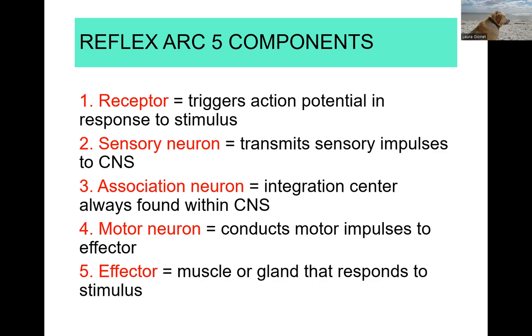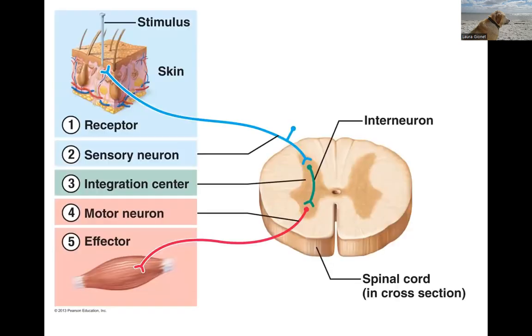Right? And that effector is either a muscle or a gland. It's got to do something, so it's one or the other. So motor neurons will be stimulated by the association neuron. So we go from one to the other in this sequence: receptor, sensory neuron, association neuron, sometimes referred to as an interneuron, motor neuron, and effector.